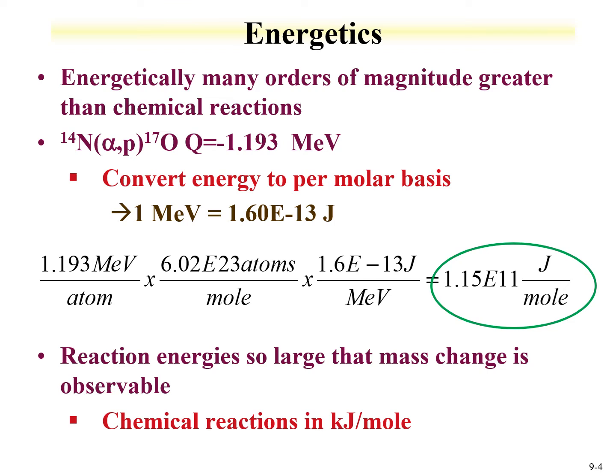These reaction energies are so large that mass change is observable. It's good to remember that chemical reactions tend to be on the order of kilojoules per mole. That's one of the reasons this is a reaction that requires energy. But fission, for instance, which gives off energy, shows why it can have such high energy densities.